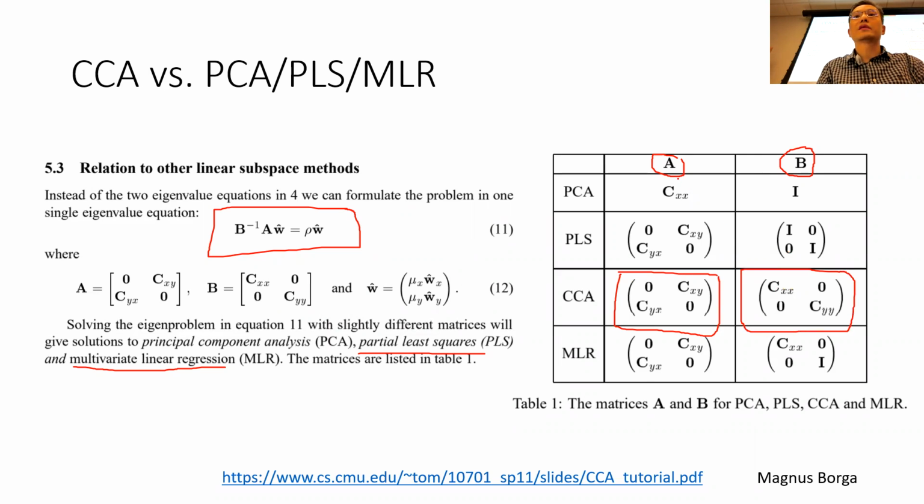Well, in PCA, you only consider this covariance matrix, basically. And the B is reduced into an identity matrix. We will see this is similar, unrelated problems like dimension reduction, PCA, CCA aligned data sets, and also PLS, MLR, regression. They all are internally linked somehow under the same kind of eigenvalue problem. Okay.